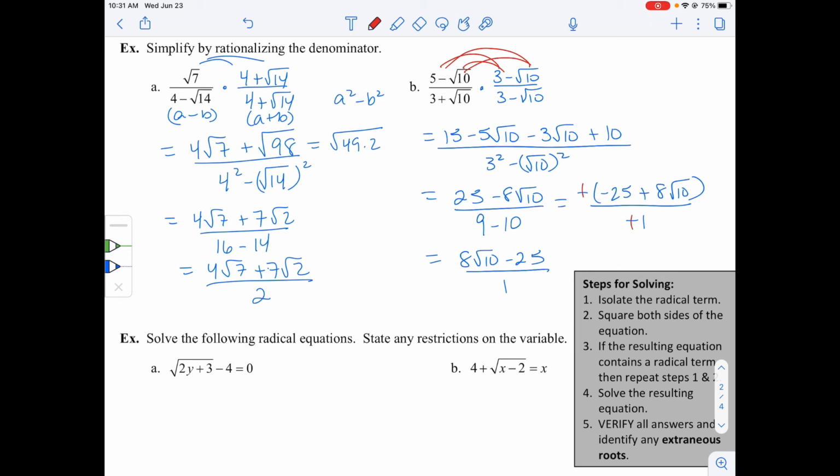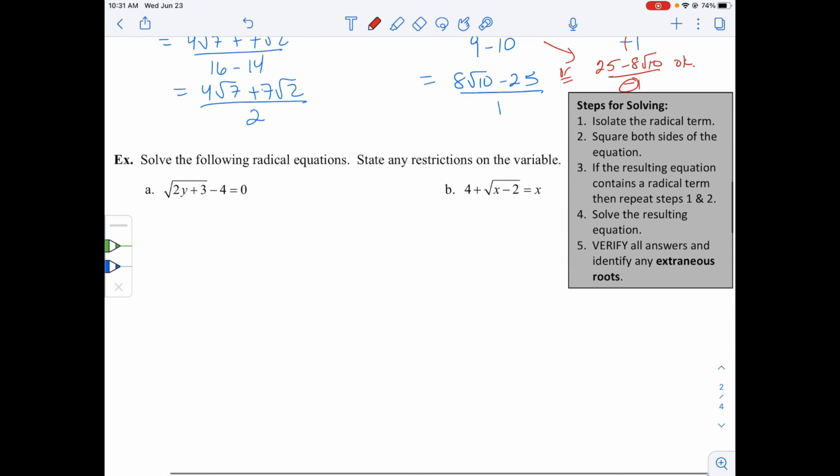And we get 8 root 10 minus 25. Had we left this as 25 minus 8 root 10 over -1, that would have been fine as well. It's okay. But typically, mathematicians like to write things with as few negatives as possible, so they would factor that negative out of the numerator and cancel with the denominator.